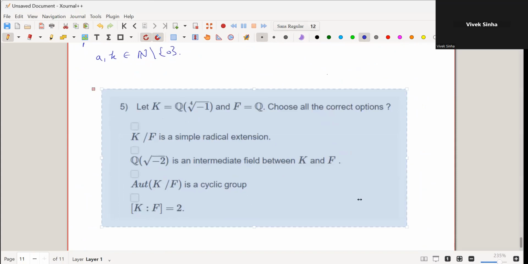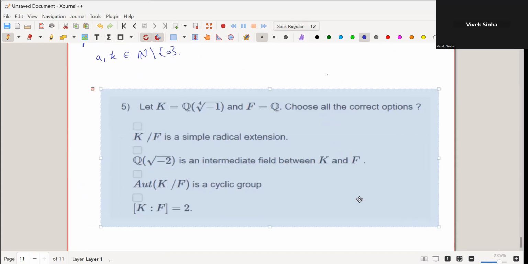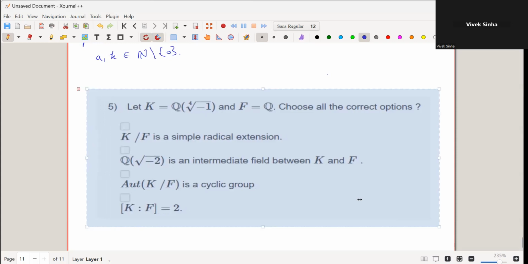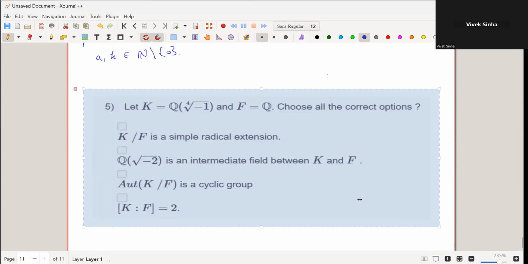Fifth question says that K equal to Q adjoint with the fourth root of -1, and F is Q. We have to choose the correct options. K over F is a simple radical extension.